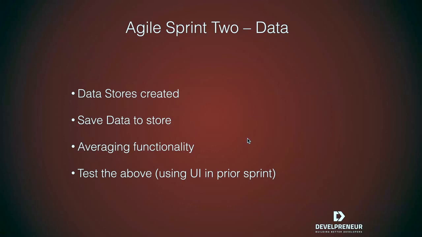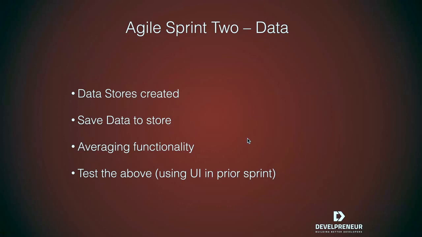Maybe along the way, we've got enough time that we're going to put in a little bit of averaging, the ability to average those grades. We're going to be able to build that functionality in. And maybe there's not much of a report to it, but maybe that stores data off in another data store area, another table. So that would allow us to test these changes that we made in this sprint.